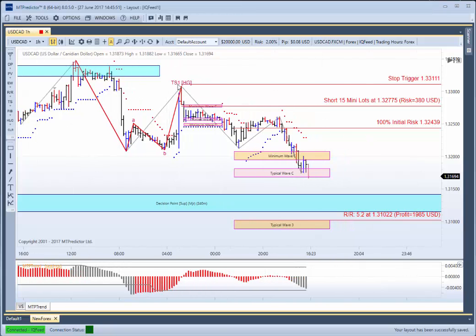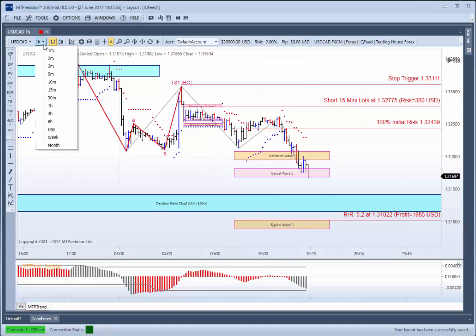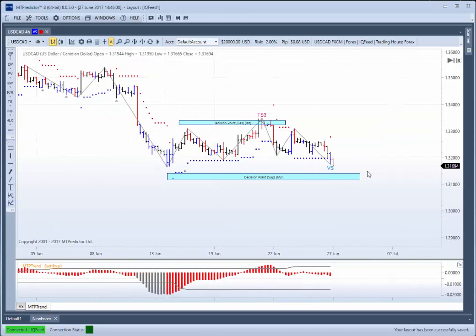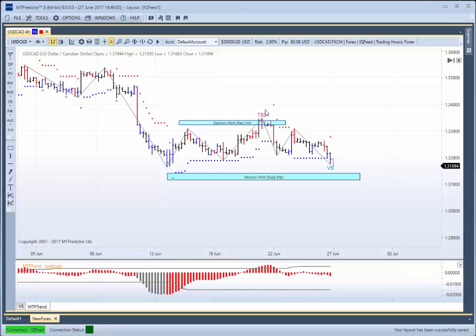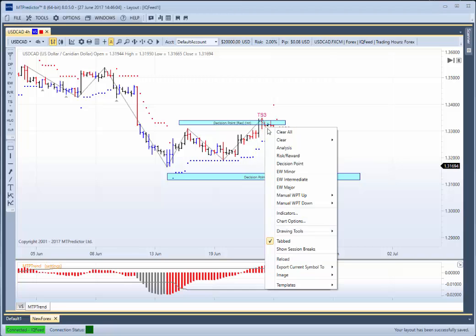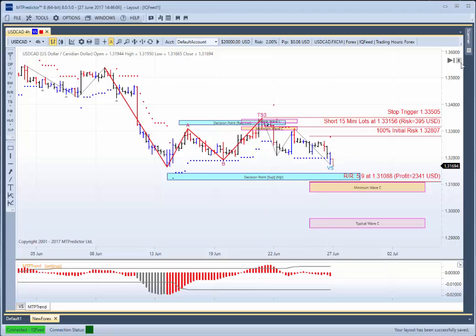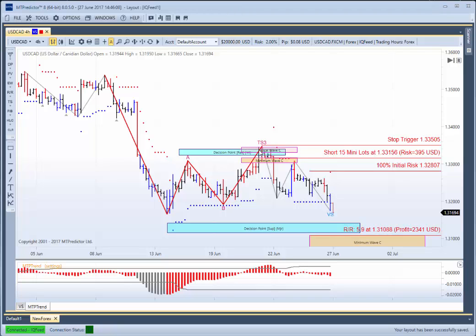On the 1-hourly chart, here's the sell setup. We'll see if it reaches the target. And then also on the 4-hourly chart, there's the sell setup and the large degree trend down, and there's your target down there as well.